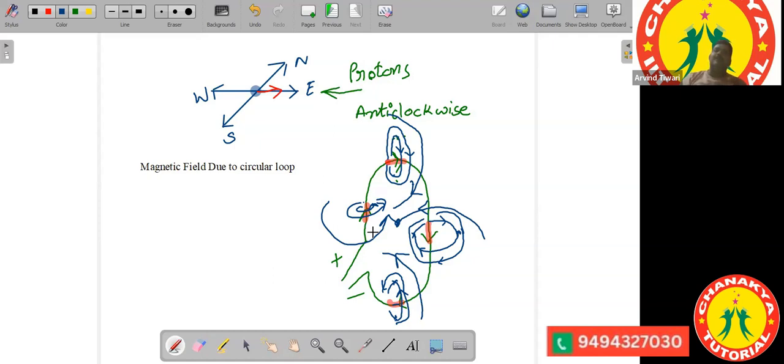So at the center, the magnetic field lines appear to be straight lines. Like this, they appear to be entering the circle in a straight line, and then from there moving out of the circle.